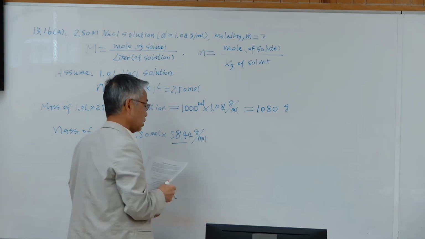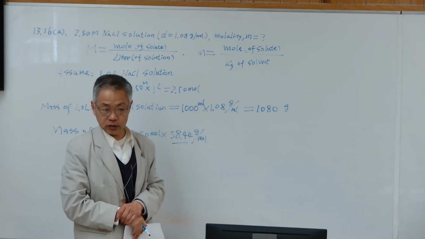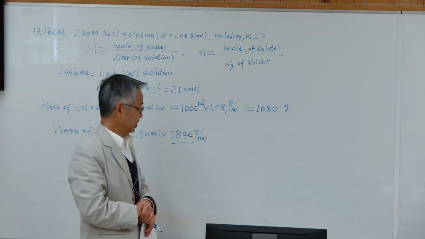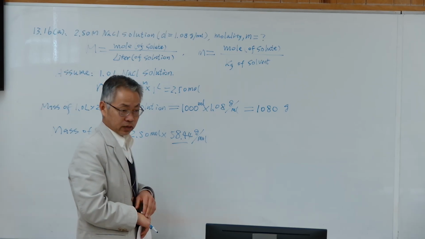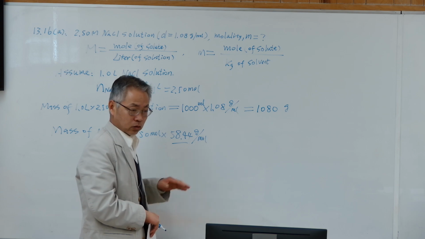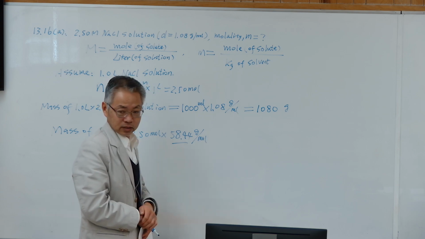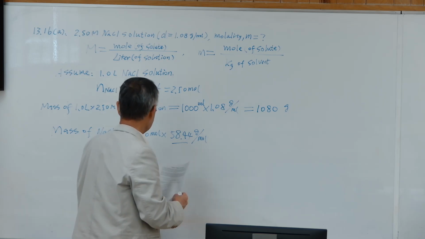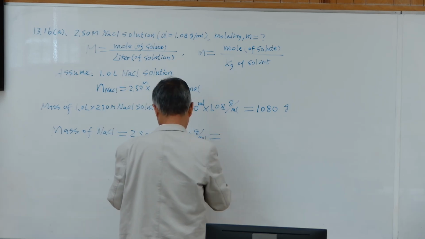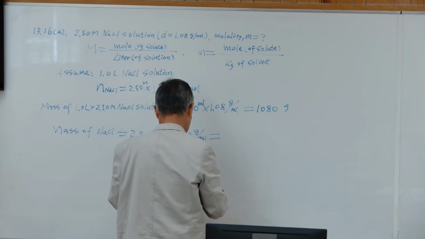Again, find this molar mass with the help of the periodic table. Sodium 22.99, chlorine 35.5, together 58.44.